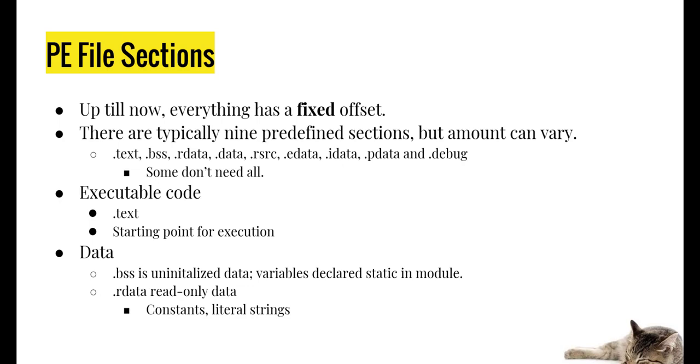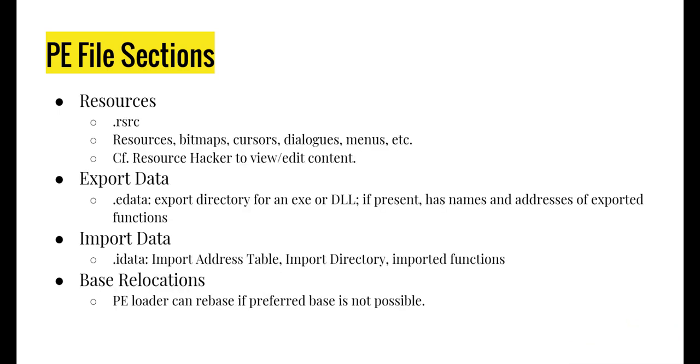We have the .rdata, or read-only data, so constants, literal strings, things of that nature. Resources, so cursors, bitmaps, menus. Resource Hacker can enable us to get to that. The .edata, so our export directory. Import table, information on our imports, base relocations.